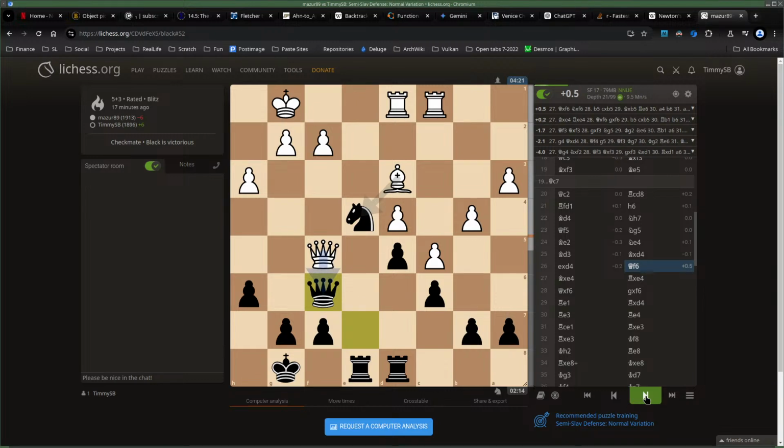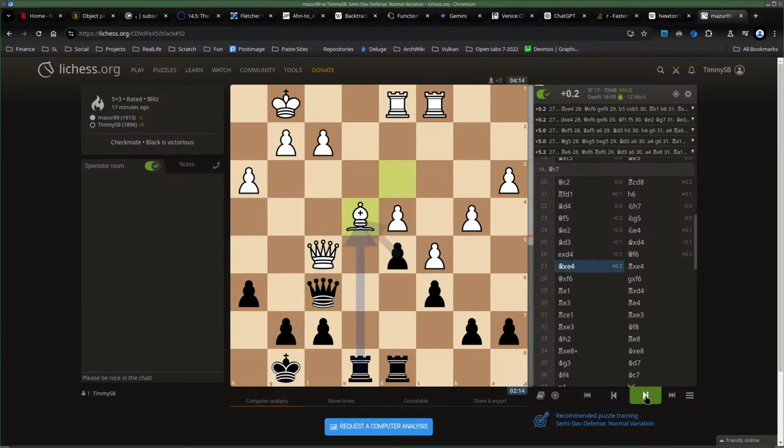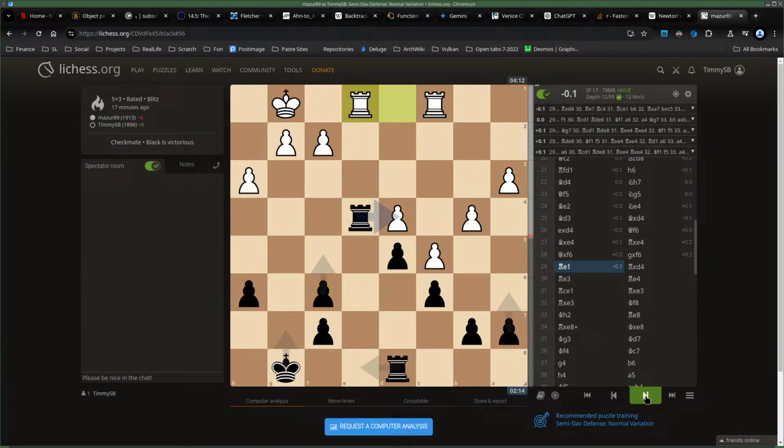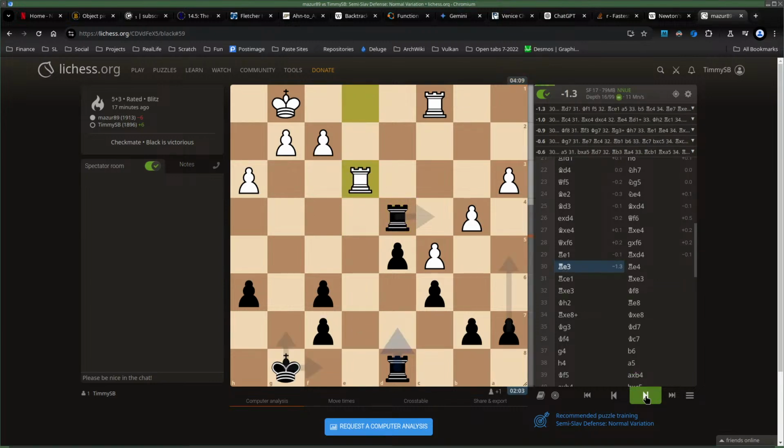That wasn't very good of me, apparently. Yeah, no, he should have come in, although it wasn't a disaster apparently. It's still a draw. He did not do that, which is now just minus 1.3, because I have that pawn.